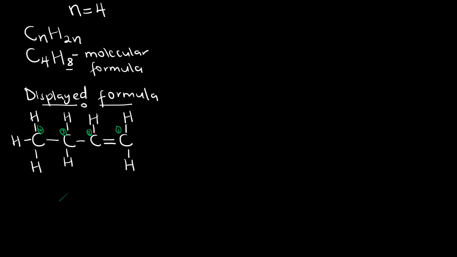When you look at the condensed structural formula of the same alkene, we shall realize that we also get it from our displayed formula, whereby our fourth carbon atom has 3 hydrogen atoms.